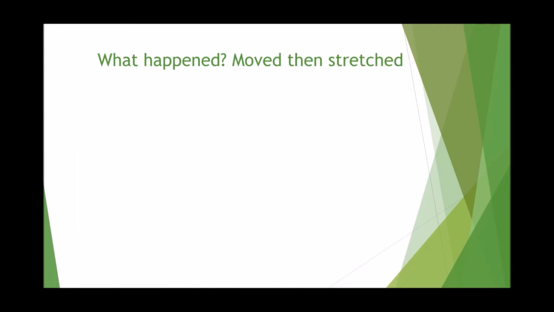All right, now for some detective work. Suppose you are given a certain function and you've been told that it's first moved and then stretched to give a new function. So it's first been moved. You know that something has been added or maybe subtracted to give some in-between function. And then it has been multiplied by something to give the final function.